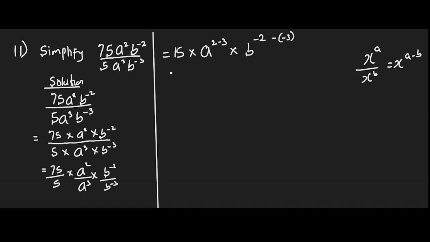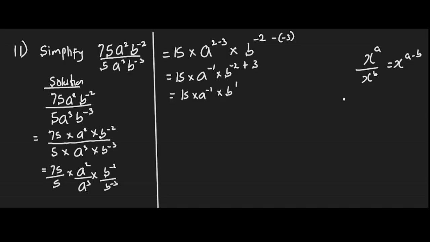Then we have 15 times a raised to power minus 1 times b raised to power minus 2 minus minus 3. Minus times minus will give us plus, and this is going to give us 3. Then we are going to have 15 times a raised to power minus 1 times b raised to power 1.